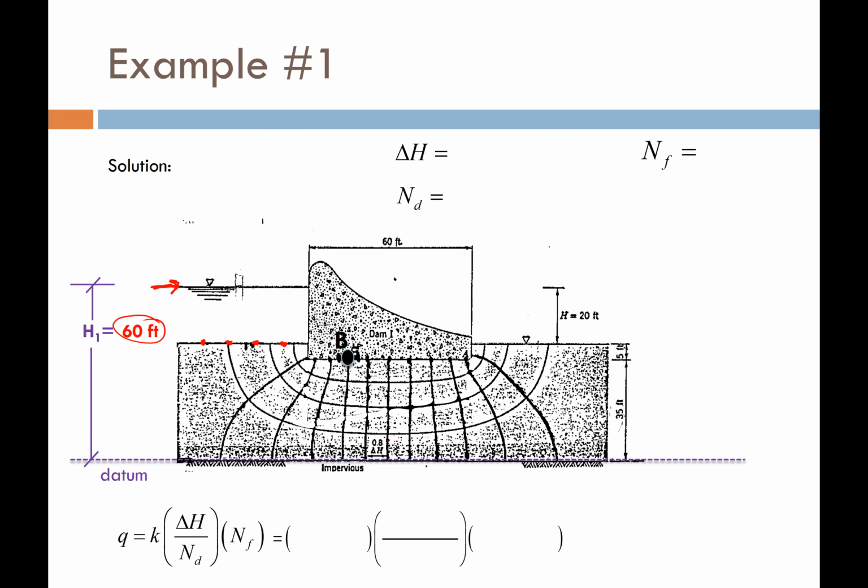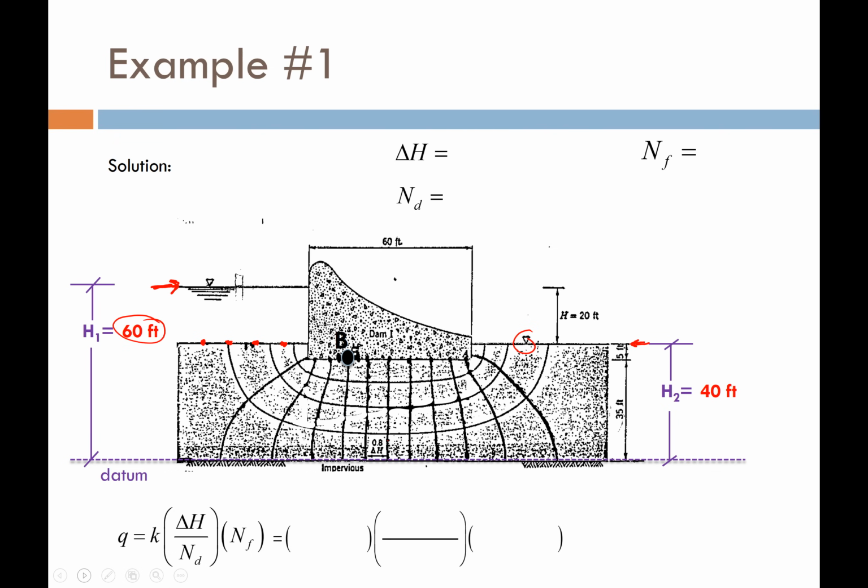Okay? Then downstream of my dam, the water rises up just to barely the ground surface right there, which means that should be 40 feet above my datum. So what is my total head loss from my first equipotential line to my last equipotential line?